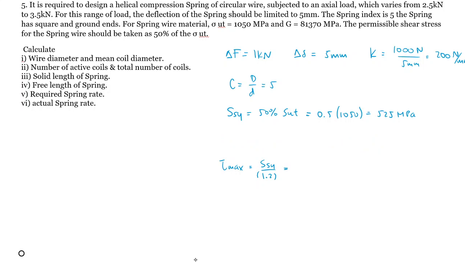So I know this value, 525 over 1.2, and I know that my tau max is equal to 8 F max, maximum force, D over pi d cubed times the KB. Okay, a correction factor for that torsion stress.